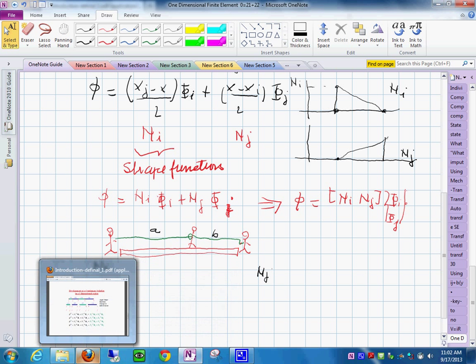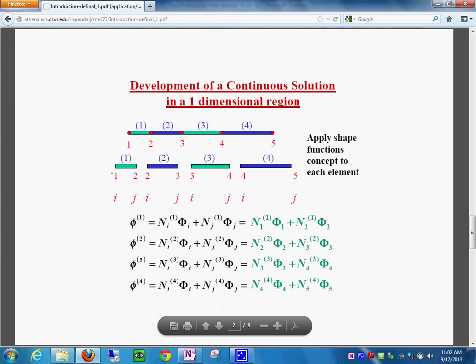So in order to do that, let me go back to my presentation here. This is finite element number 1 with nodes 1 and 2, number 2 with nodes 2 and 3, then 3 and 4, then 4 and 5.